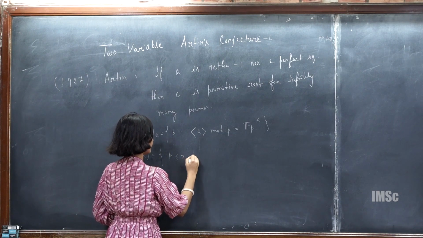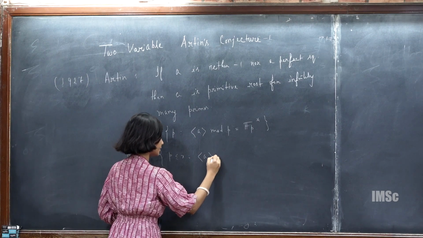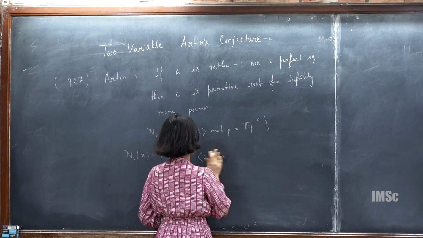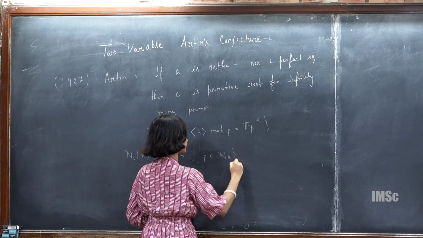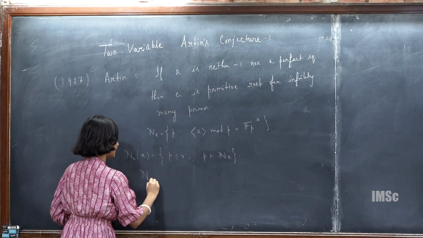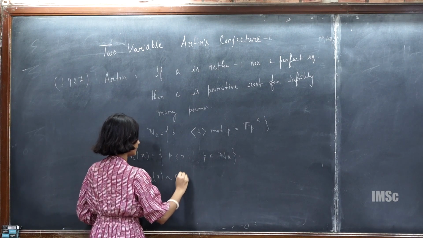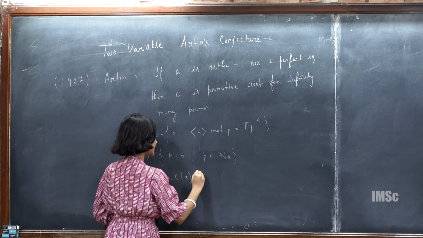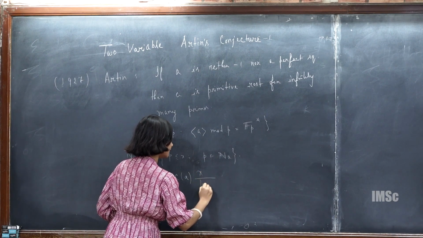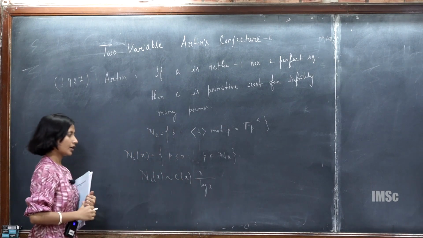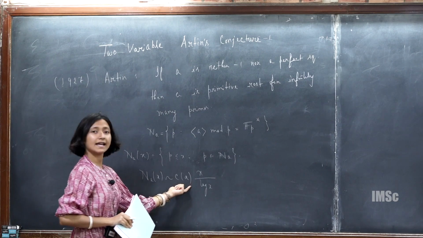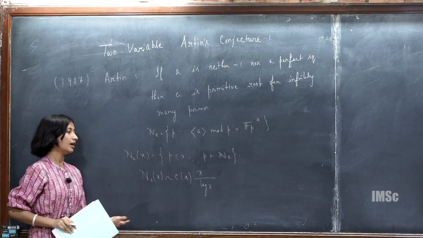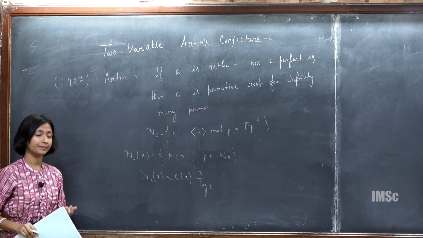So he conjectured that Na(x) is asymptotic to Ca times x by log x, where Ca is some positive constant. Later on, one correction factor was added in the asymptotic density, but the proof was unknown.